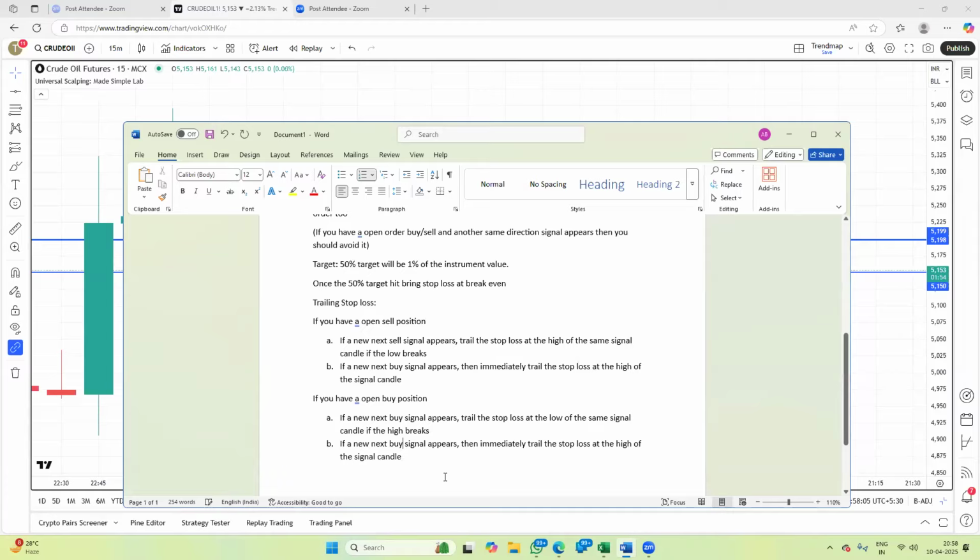If you are in a buy position and a sell signal appears, then immediately trail the stop loss at the low of the candle.